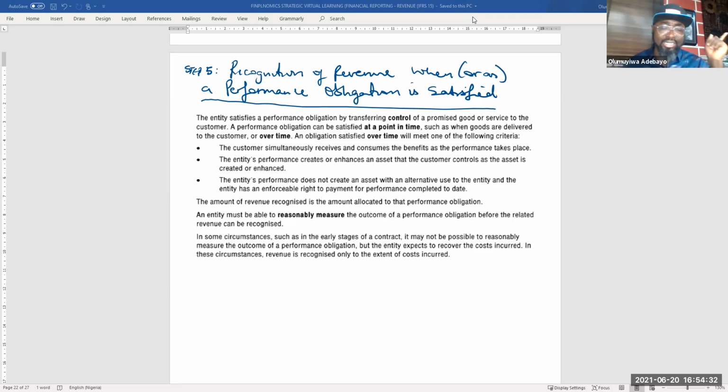If you remember our narrative yesterday, or in part one, we discussed cost of obtaining a contract as against cost of fulfilling a contract. And when does a cost of obtaining a contract qualify for capitalization on the premise that it aids in fulfilling a contract? Now, in doing so, I want you to look at this in addition.